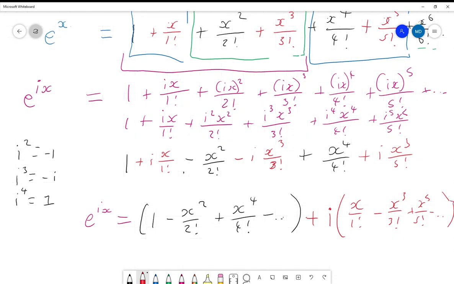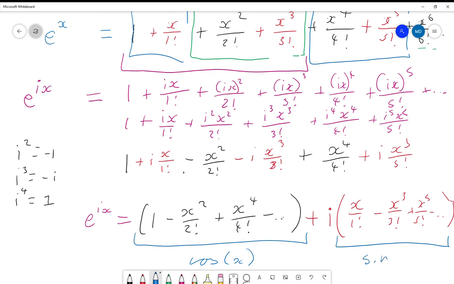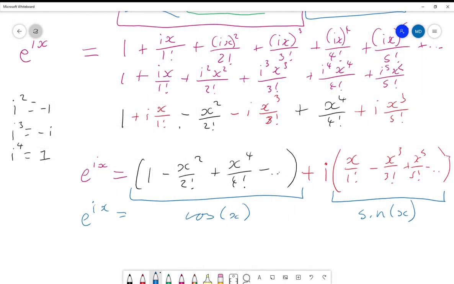Well, this bit is the Maclaurin series for cosine. And this bit is the Maclaurin series for sine. And so we've got that e to the ix is equal to cosine x plus, and don't forget this i in front, i sine x.